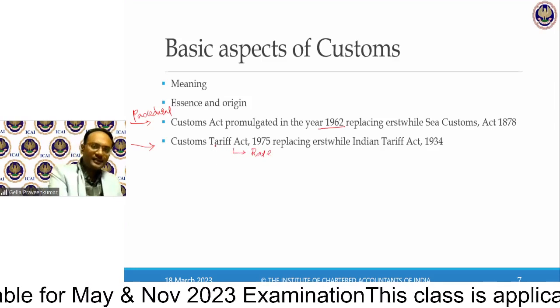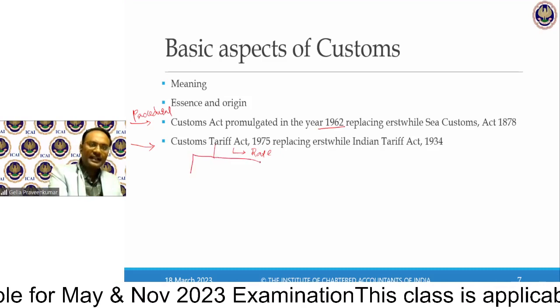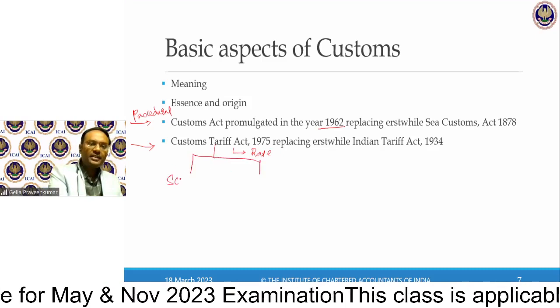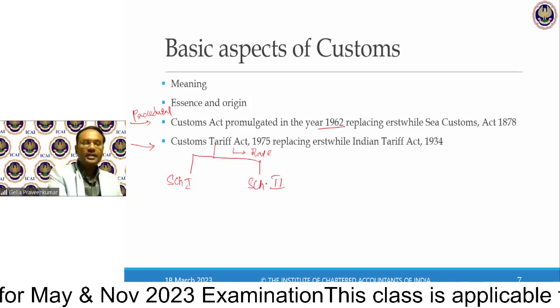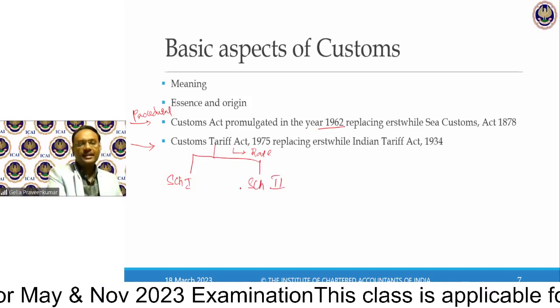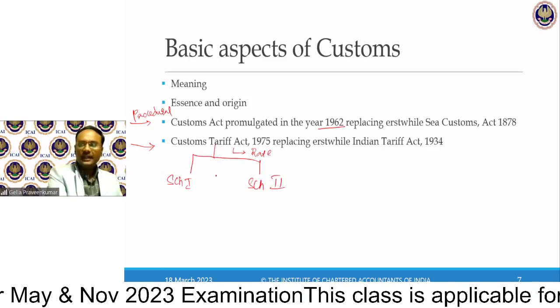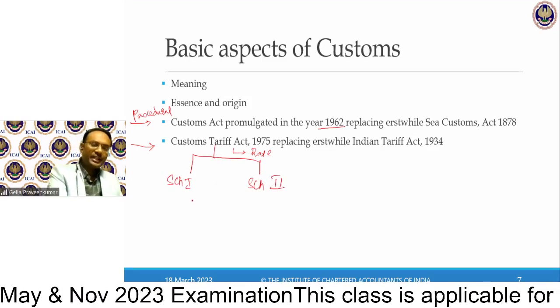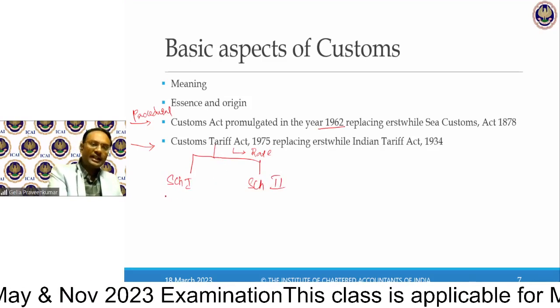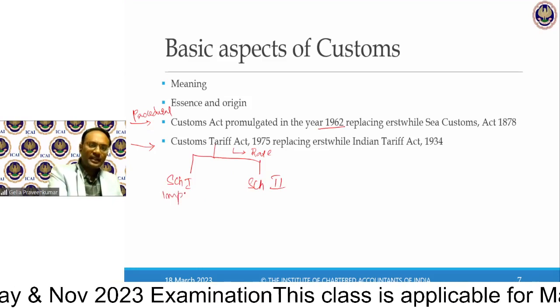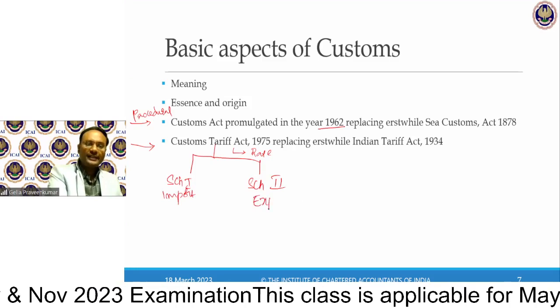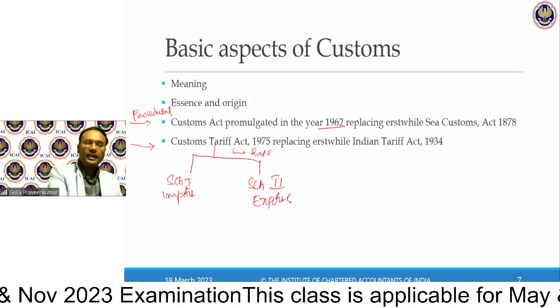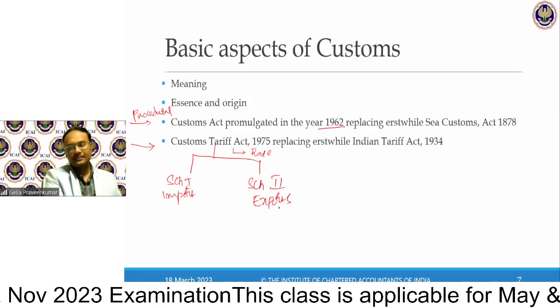As of today, under the Customs Tariff Act, we have Schedule 1 and Schedule 2. Please make a note in your working note. Below the Customs Tariff Act, you can make a chart like this: Schedule 1, rate for imports; Schedule 2, rate for exports. Clear?